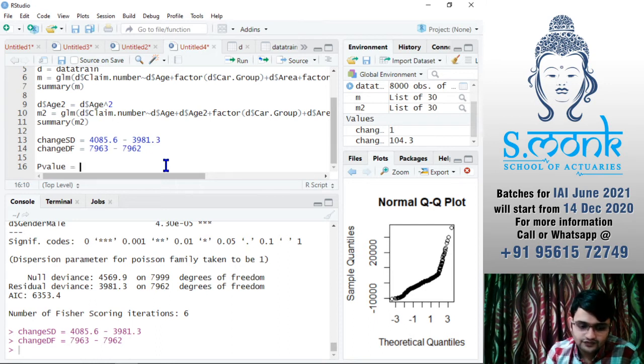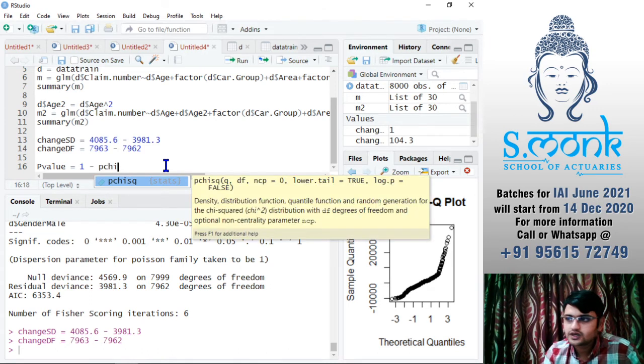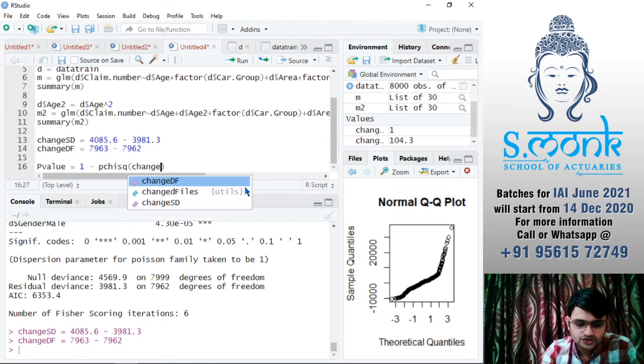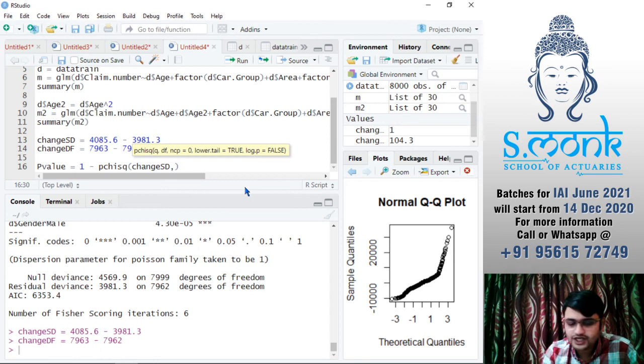So we will have 1 minus p of chi-square, that means probability less than, so that is why I have done 1 minus, because I want greater than probability. Okay, where my test statistic is going to be this change in SD, where degree of freedom is going to be nothing but change in df.